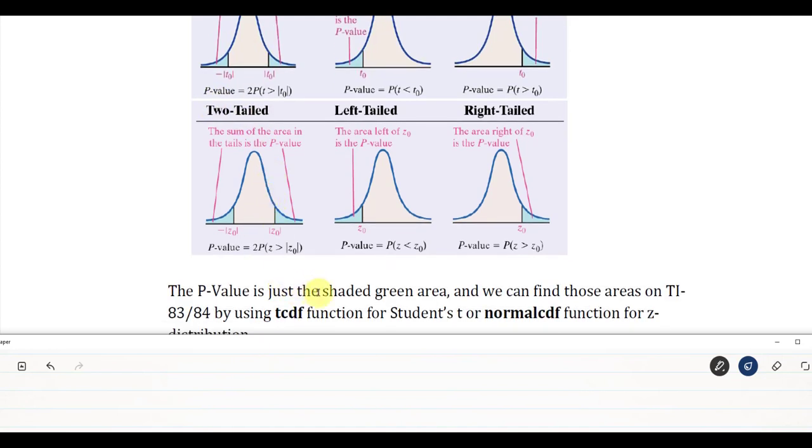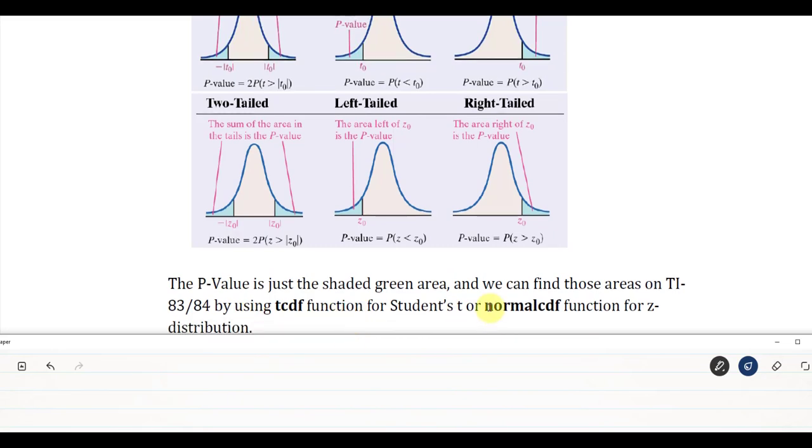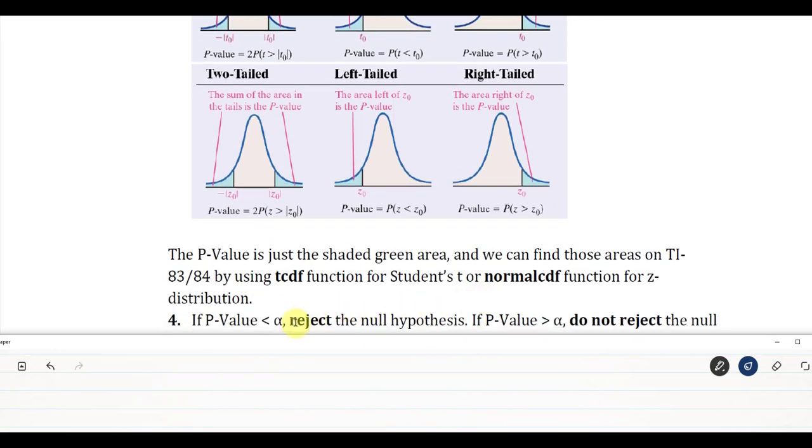The p-value, again, is just the shaded green area, and we can find that using the tcdf function for the student t, or the normalcdf function on the TI-83, 84 for the z distribution. Now, if the p-value is less than alpha, the level of significance, then we reject the null hypothesis.